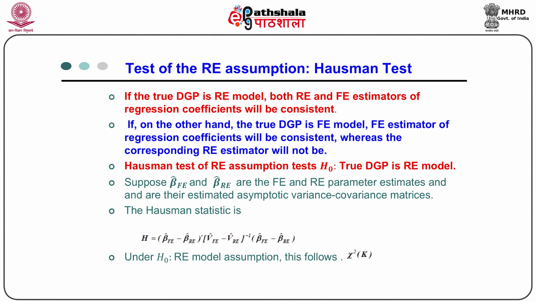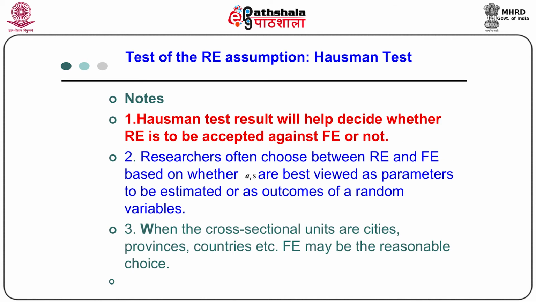Now, under H naught, the RE model assumption holds and this follows a chi-square k distribution. Note, the Hausman test will help to decide whether random effect is to be accepted against fixed effect or not.